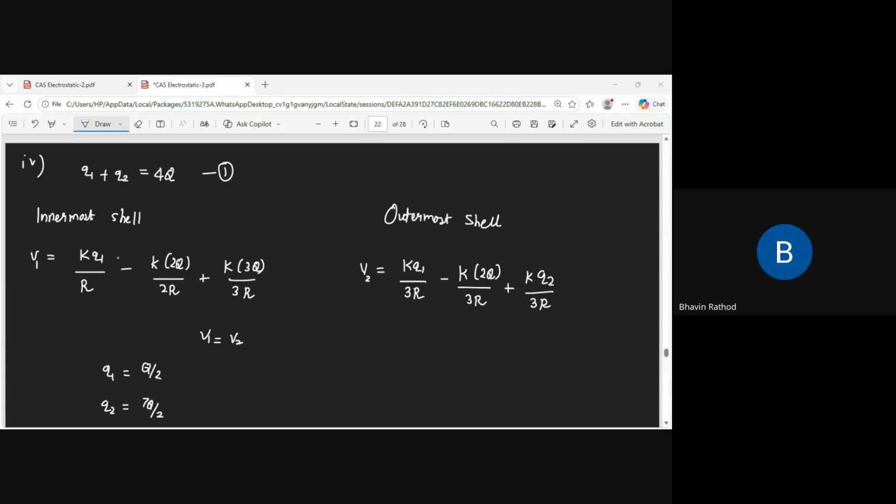The reason is very simple: as long as there is a potential difference, charges will continue to flow. That flow will only stop when the potentials become equal. It is as simple as that.